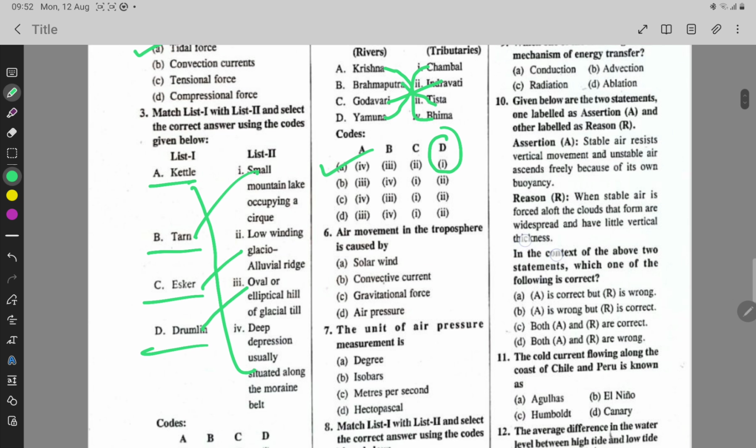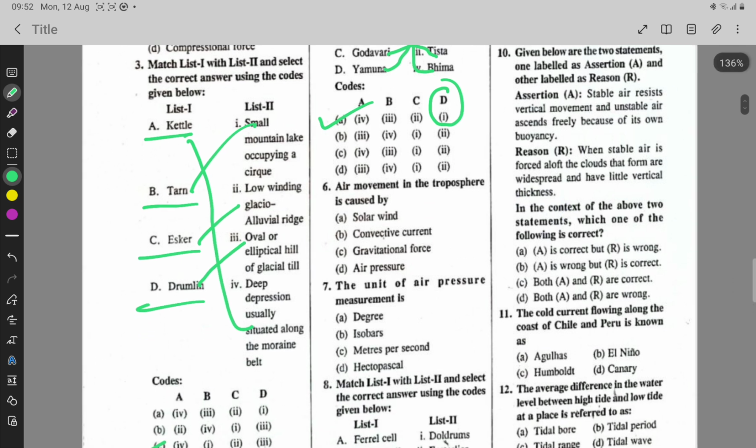Next, air movement in troposphere is caused by convectional currents. See, there are 3 types of convectional currents. So in solids, in liquid and in gases. So convectional current in solid is nothing but the magma.